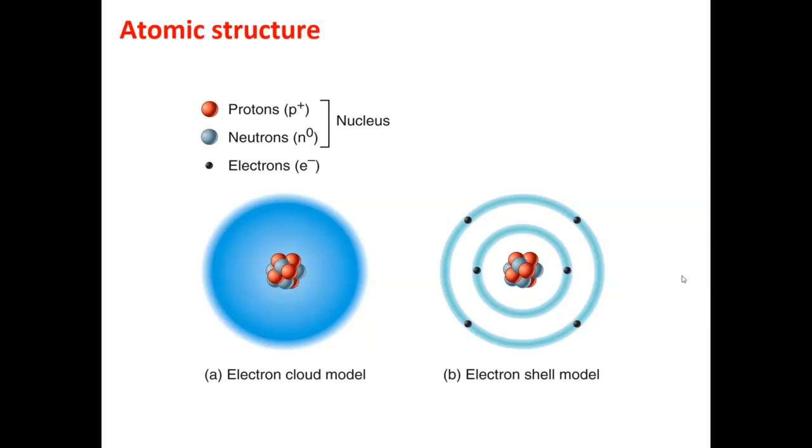But the electrons are out here, and they're shown in these circles. And they're drawn like that because they move around, they spin around the nucleus in these circles, like the planets orbiting the sun. And they don't stay exactly this distance out from the nucleus, exactly in these circles. They can move closer and farther. But this is the average distance of these two electrons from the nucleus as they spin around. These four out here, again, this is the average distance, but they can move closer and farther.